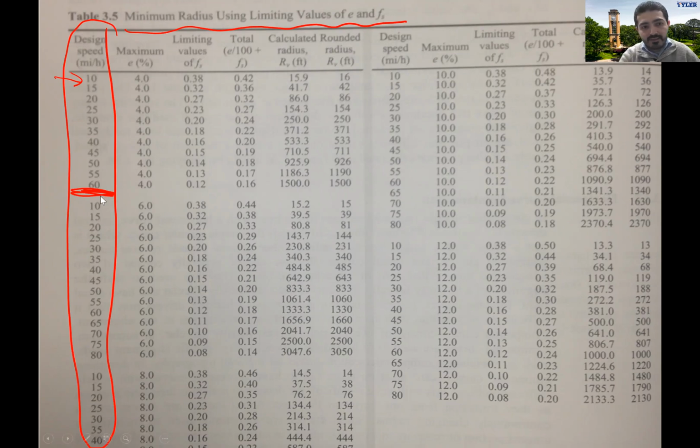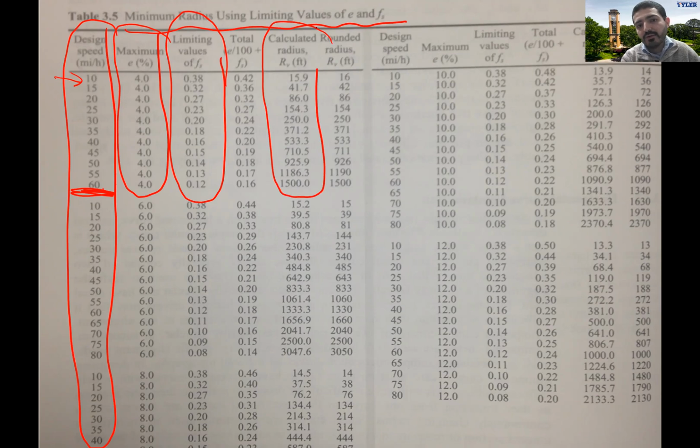The second column is the maximum E, the super elevation, which is 4%. Then this is the limiting value of Fs. And then you go all the way until you have the calculated radius, and this is the rounded radius, which is what we're going to be reporting.